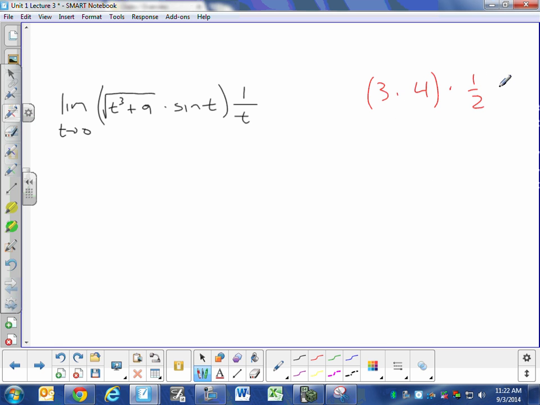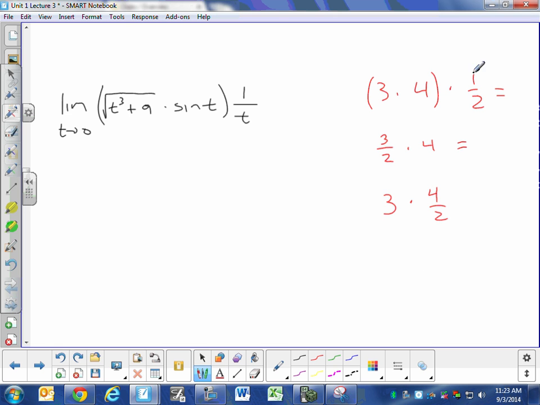I could say this is equivalent to 3 over 2 times 4. I can say that's also the same as 3 times 4 over 2. 3 times 4 is 12 times a half. That's 6, right? 3 halves times 4 would give you 12 halves, which is 6. 3 times 4 halves, or 3 times 2, that would give you 6.